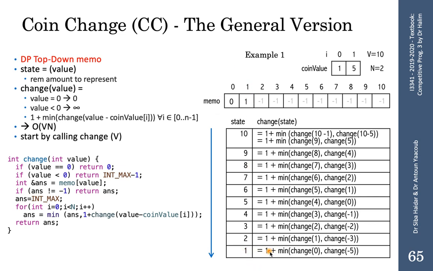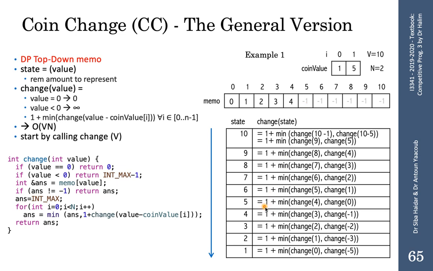We were using the state of 1 in order to calculate the change of 2. So based on 1, change of 2 uses change of 1 plus change of -3, which is a base case. And now I can have change of 2 because it is 1 plus the change of 1. Similarly, change of 3, change of 4, and then I have the change of 5.